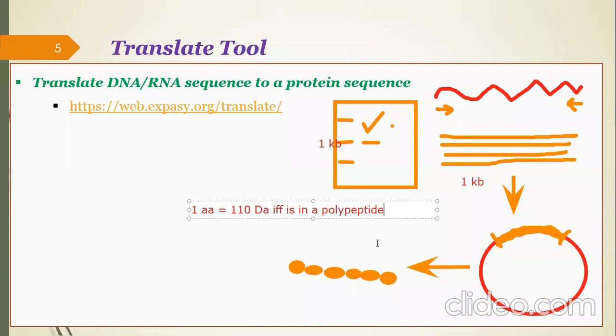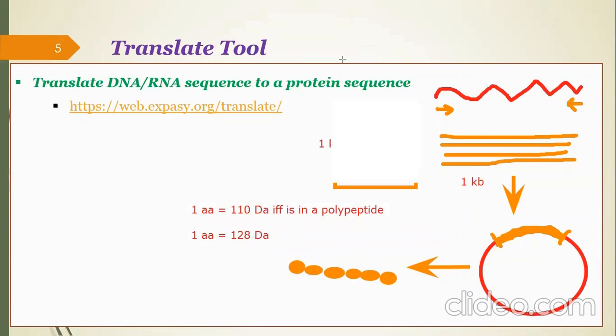Why is this important? Normally, one amino acid is equal to 128 Daltons. When a peptide chain is formed, the release of one water molecule is obvious.